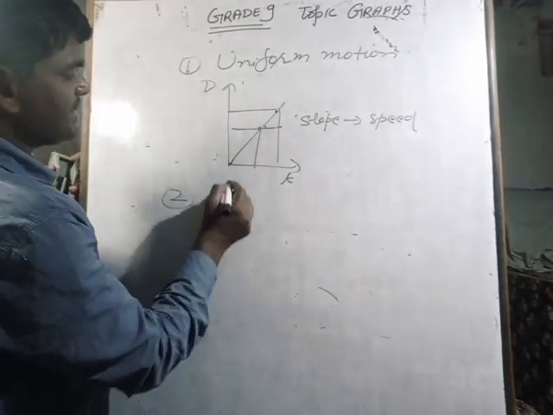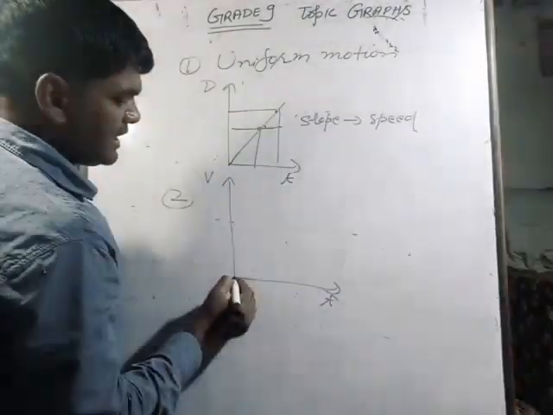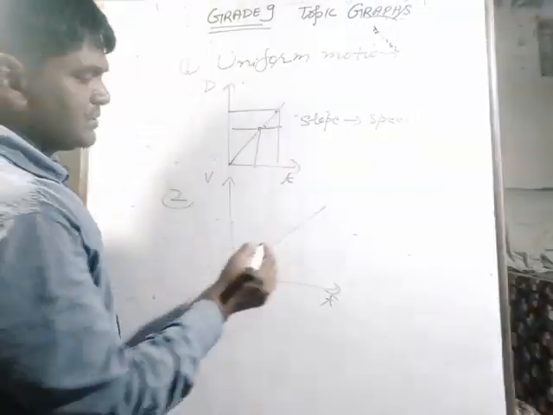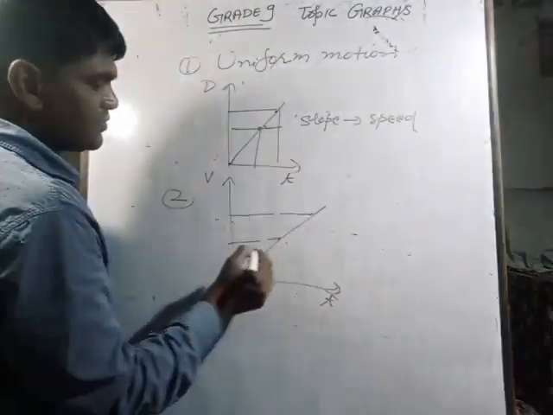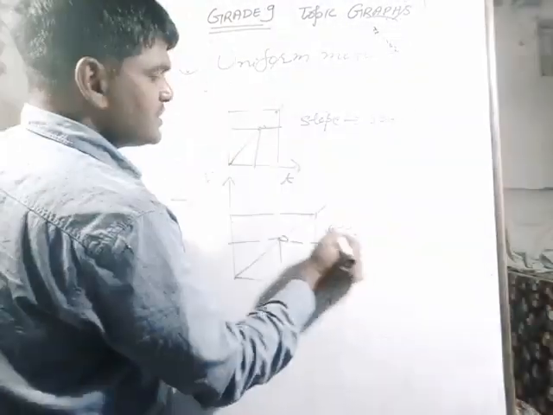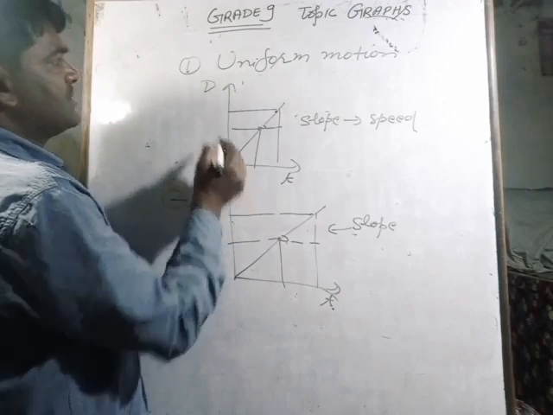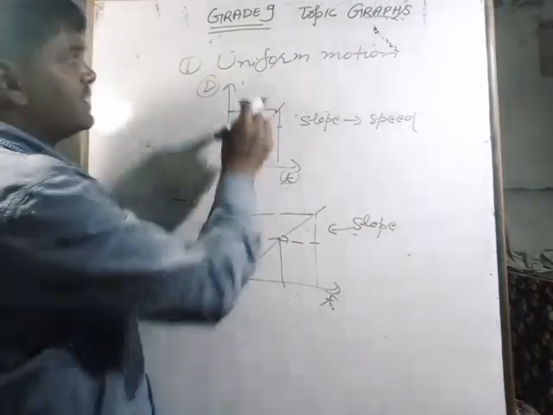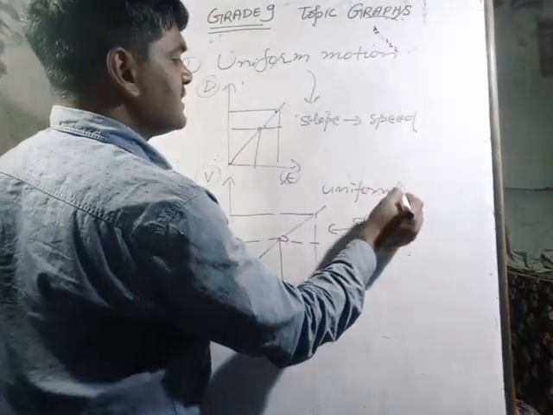Then for uniformly accelerated motion, the graph is between velocity and time, and it was a straight line too. At any 2 points, when we draw perpendiculars on the x-axis and y-axis, we conclude that the slope of this VT graph gives acceleration. Here it is the distance time graph for uniform motion, and here it is for uniformly accelerated motion.